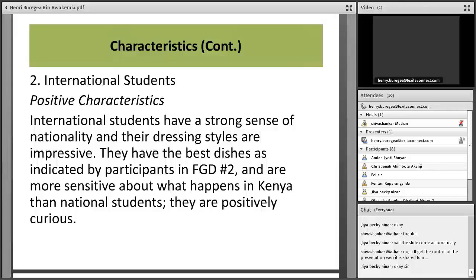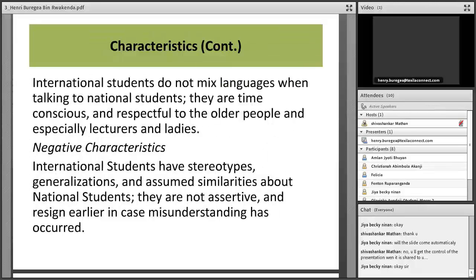They were also positively curious. International students did not mix languages when they talked. To national students, they were time conscious and also respected the older people as well as the lecturers, including ladies. On the other side, the national students pointed out the following negative characteristics.